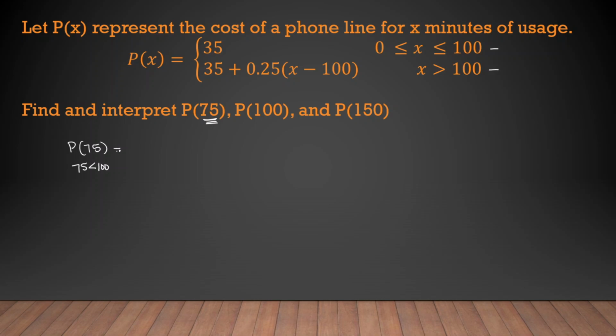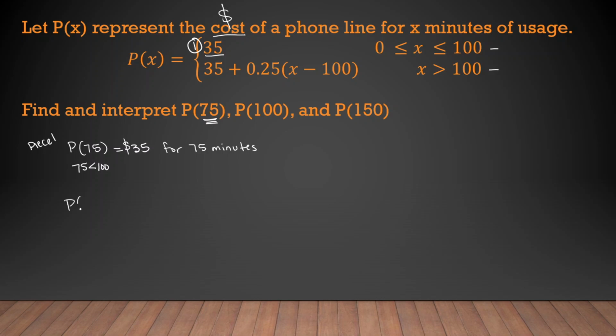So that means I'm going to use piece 1. That's this piece, and it tells me it's just equal to 35. The interpretation part is to remember that it tells me at the top that this is a cost, so this is in dollars. So it's going to be $35 for 75 minutes.